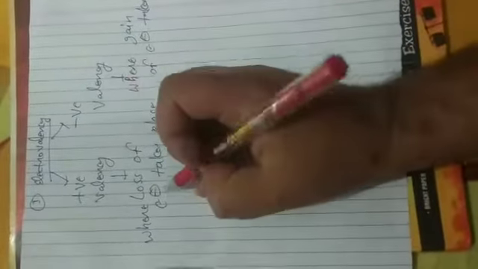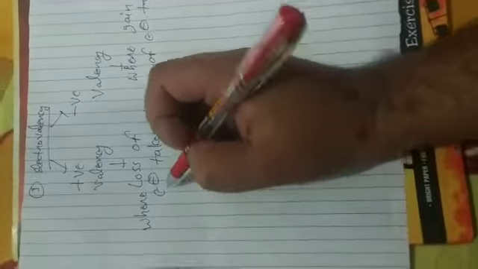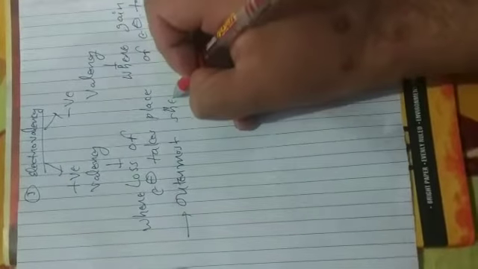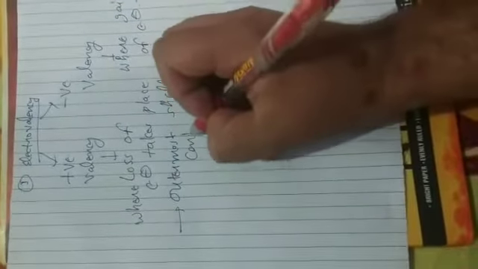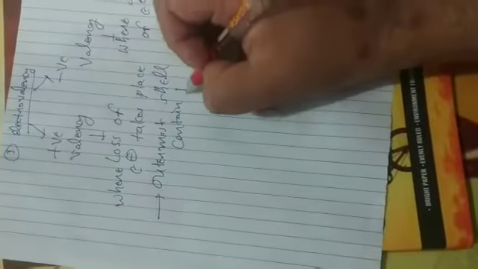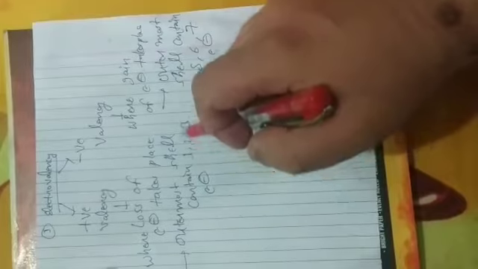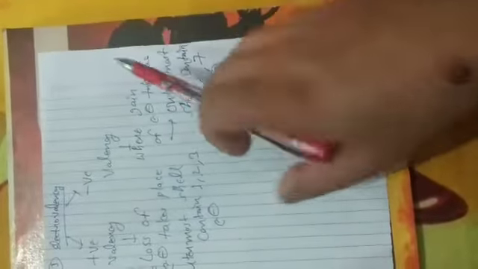Suppose loss of electron takes place when the outermost shell contains 1, 2, 3 electrons.